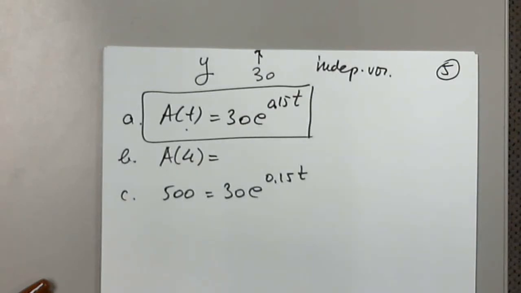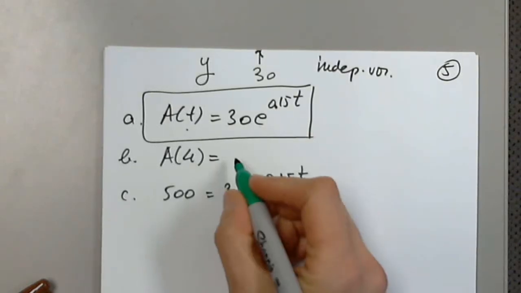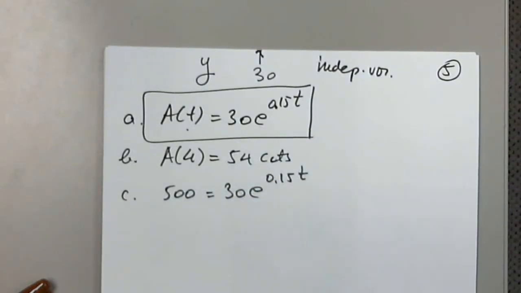I only have one variable, one request. 30 multiplied by e to the, in parentheses, 0.15 multiplied by 4 years, close the parenthesis. I can't say 55, because 54.6 cats does not mean 55, so I'm going to say 54. Good.